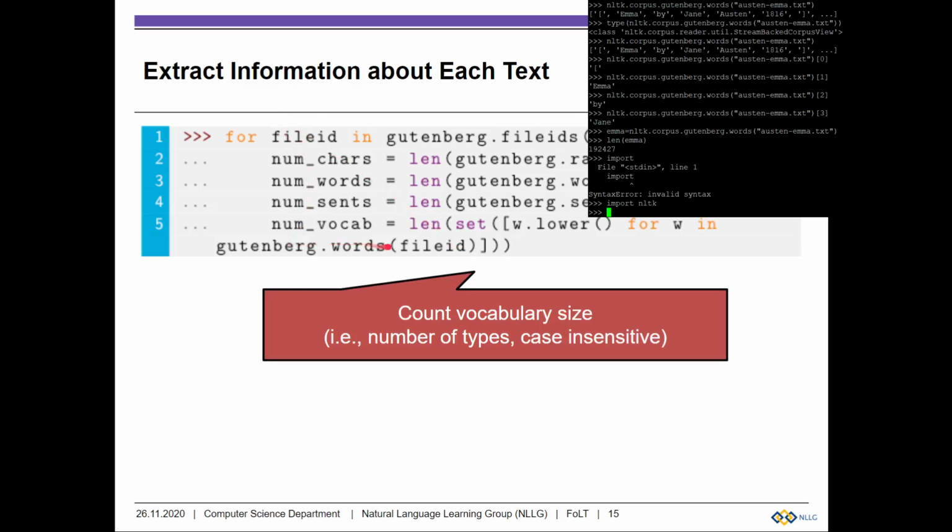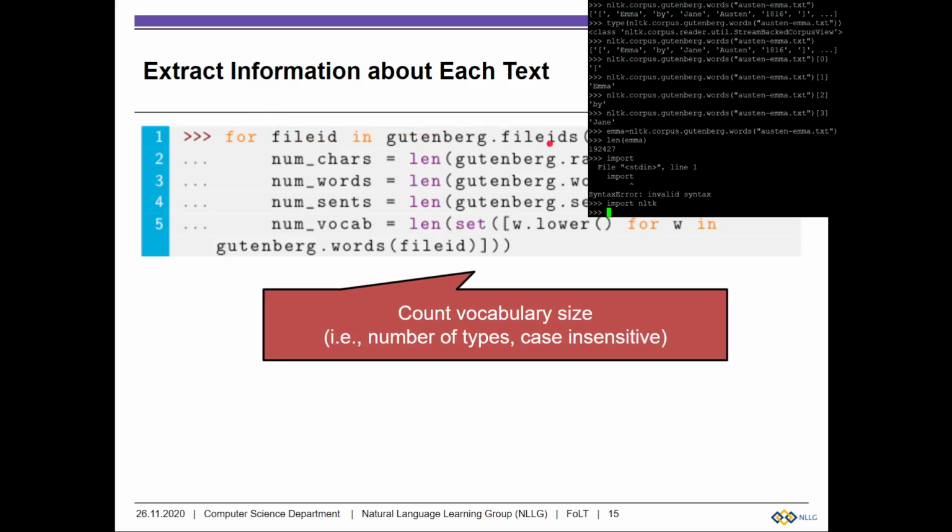In this case, they decide to lowercase the words, so that whether a word is lower or uppercase doesn't matter, so that's case insensitive. And then they make a set out of that. So if a word occurs multiple times, we count it just one time, and then we count all the different words that occur in each specific file in the corpus.